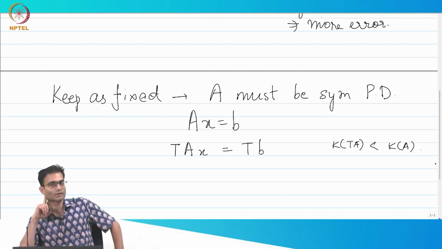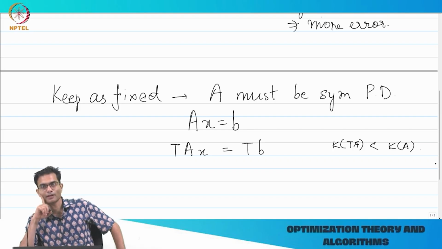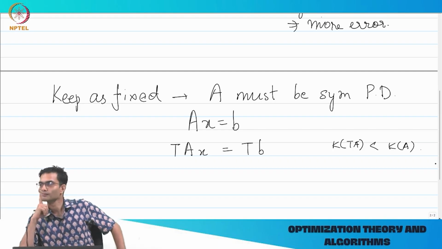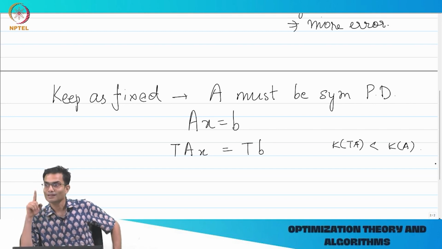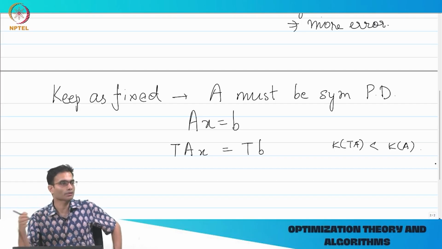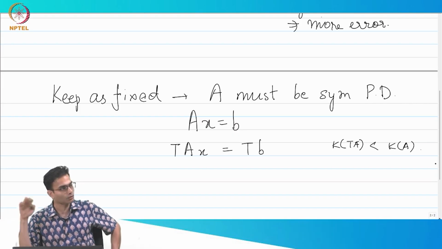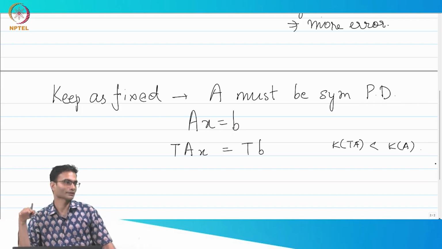The answer is literally staring at you in the face. Is that a good idea? No. I am seeing some head shaking. Why not? If the condition number is less, then that's great, right? Why is it a bad idea? The matrix, I cannot input this into my algorithm unless I make sure that T times A is also positive definite.